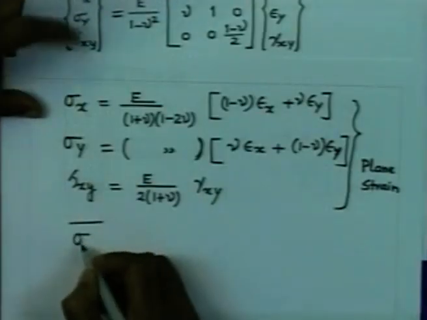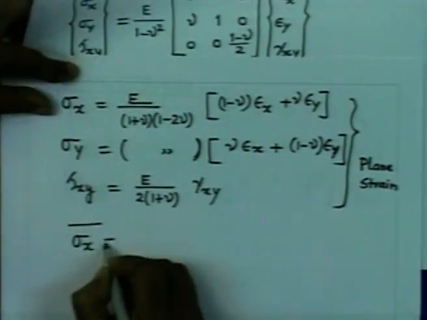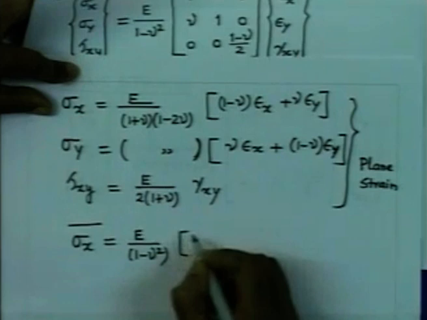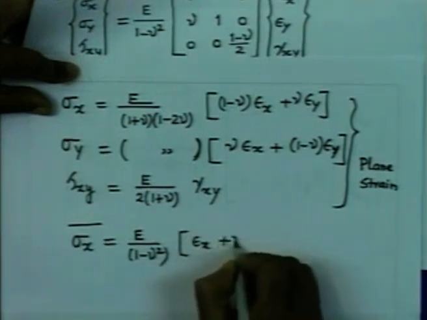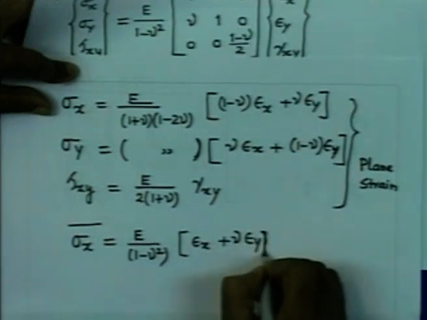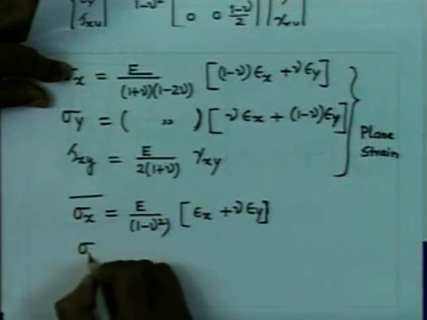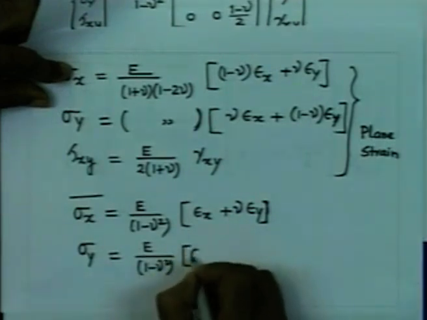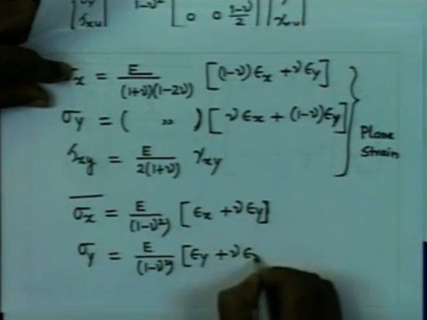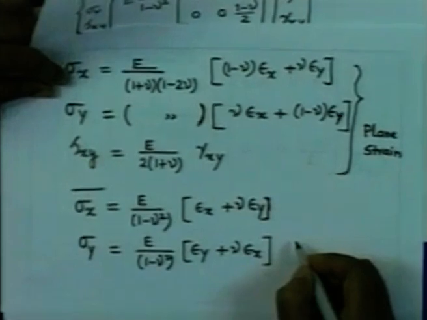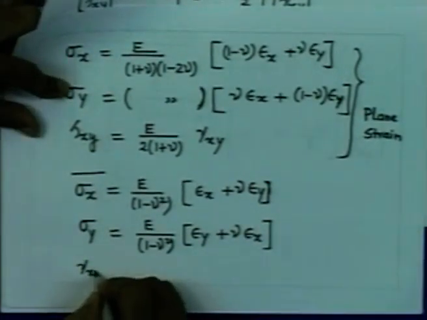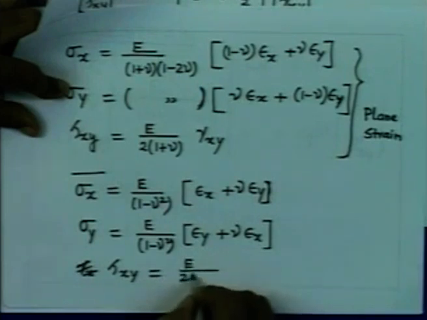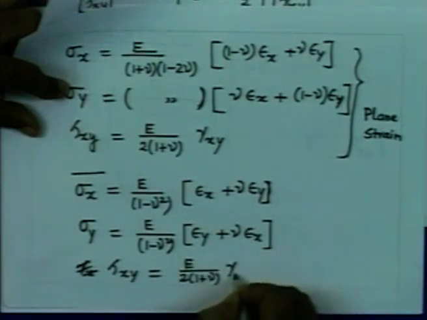It is going to be sigma x is equal to E by 1 minus nu square into epsilon x plus nu times epsilon y, and sigma y is equal to E by 1 minus nu square epsilon y plus nu times epsilon x, and shear stress tau xy, I beg your pardon, is equal to E by 2 into 1 plus nu gamma xy.